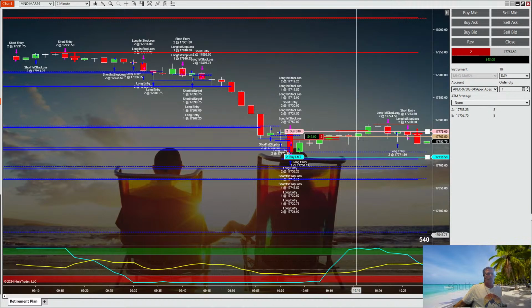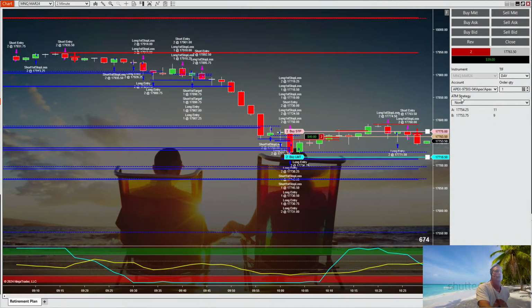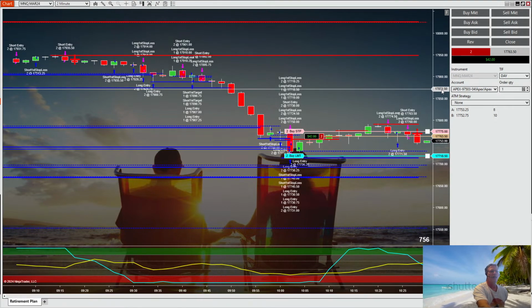I'll look and see which ones I want to run and add them to this workspace here, because if I'm going to use the Apex account, I want it to be a little easier to distinguish what's in a trade and where it is, what the P&L is. It's a little harder to manage as is.